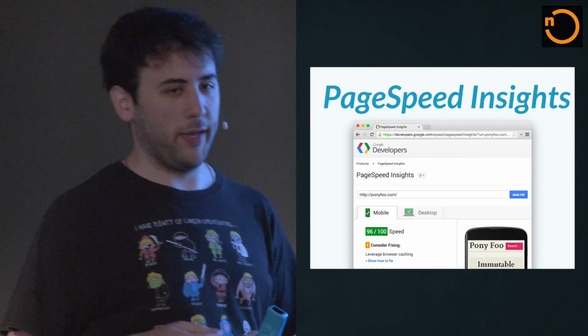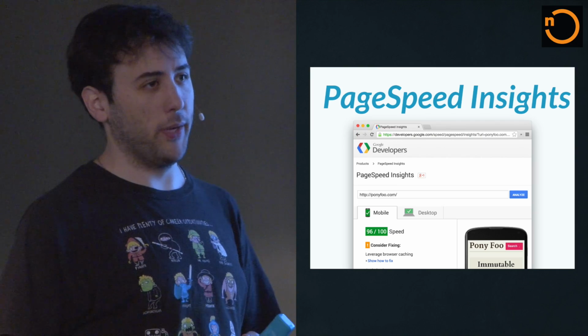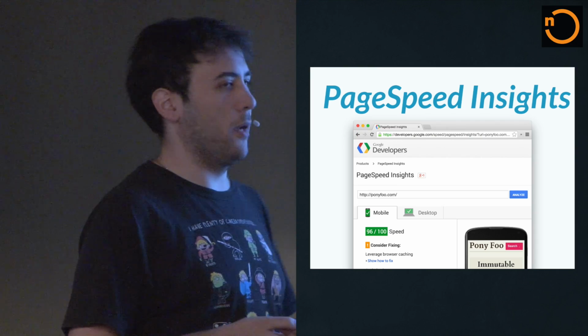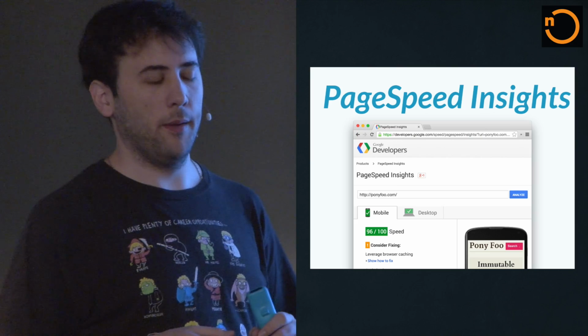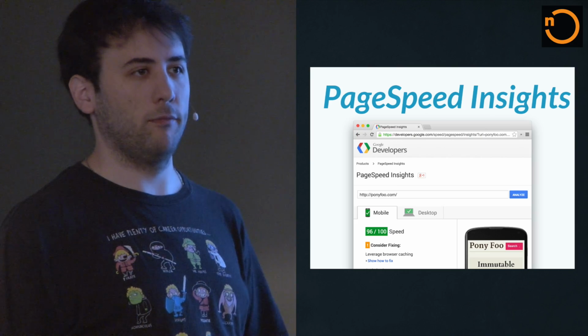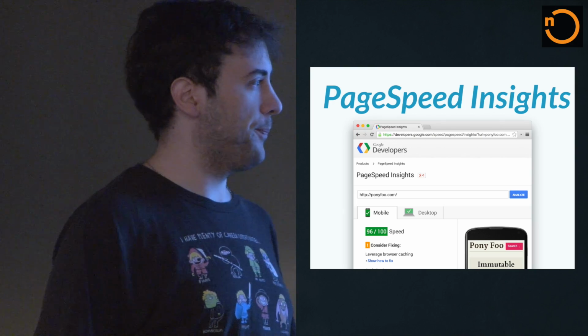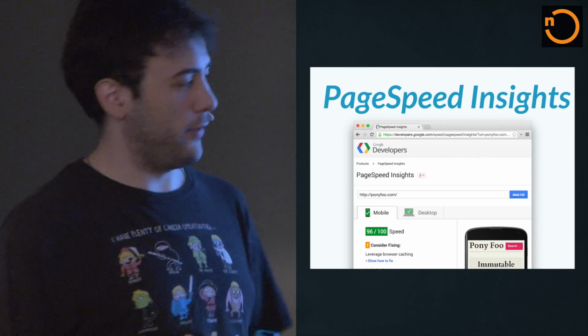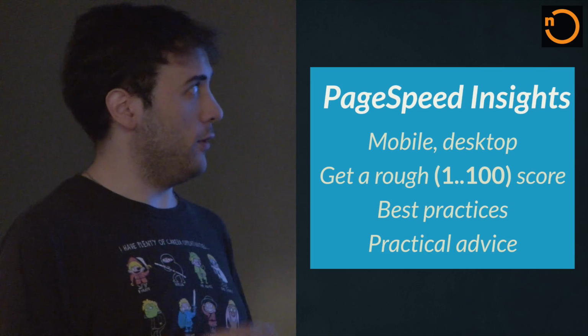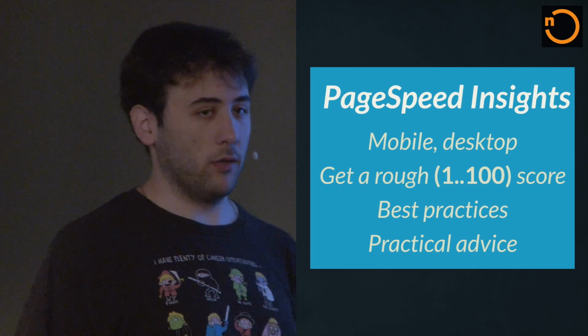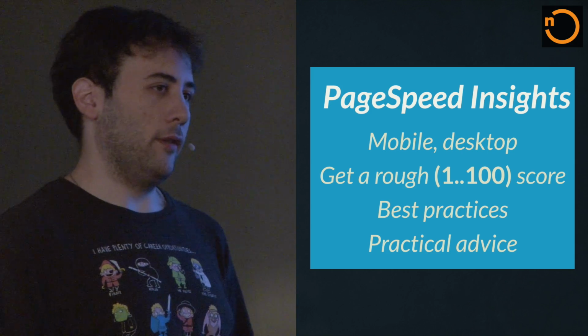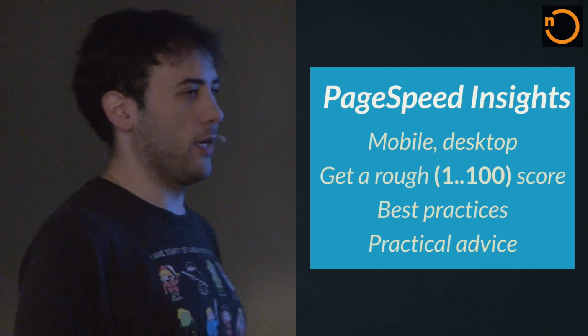And the other cool thing is that it also cares about UX. So for instance, the mobile version might tell you that tap targets are too small for human fingers and stuff like that. So this is another great tool to use. You roughly get a score that tells you how you did, and again, you get best practices and practical advice too.